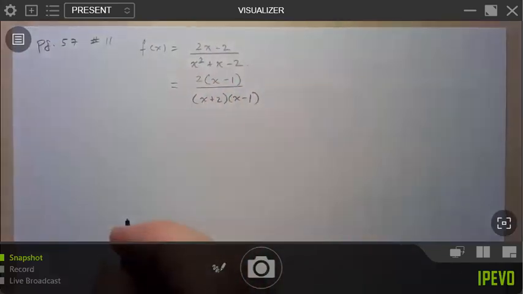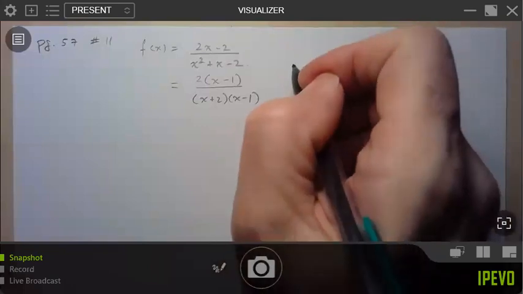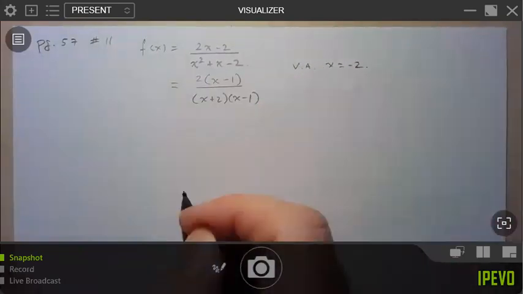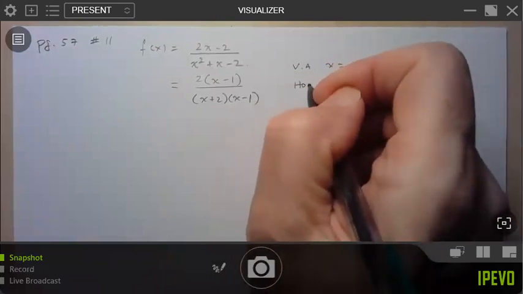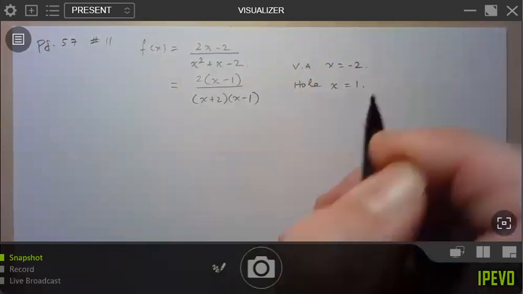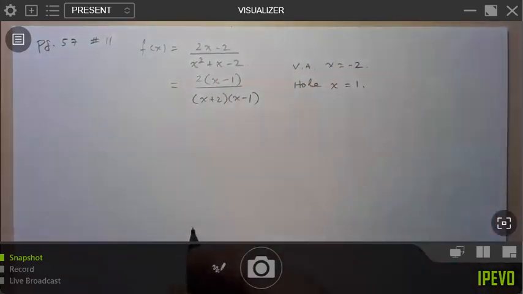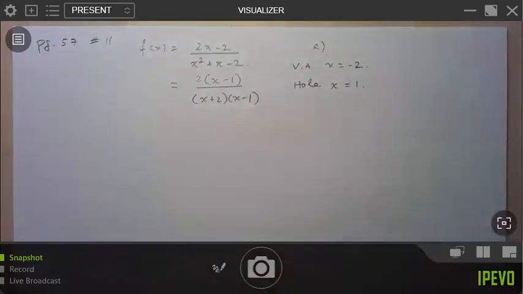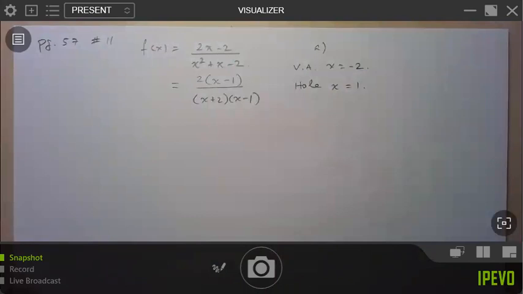And so what I see here is that there's a vertical asymptote at x equals -2, and we have a hole, because the x minus 1's cancel out, at x equals 1. So these are the two values. So this essentially solves A. Okay, this is where the function is going to be discontinuous.